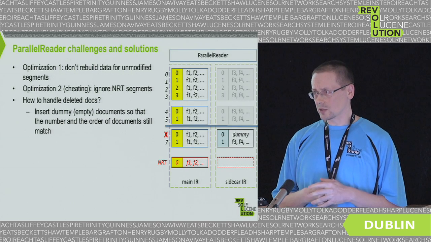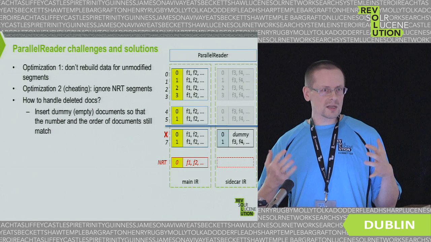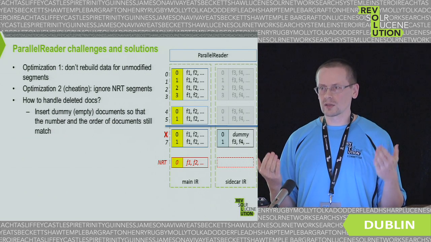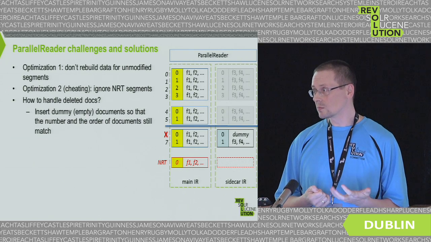So one optimization comes from the fact that once Lucene has created a segment, this segment is basically immutable.